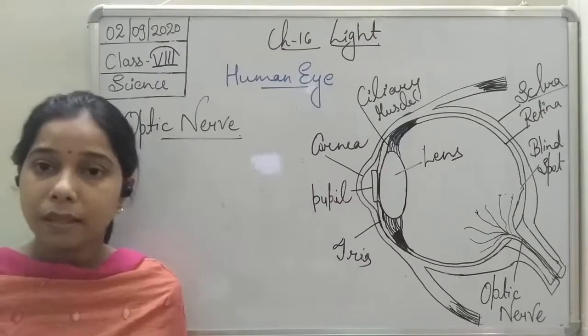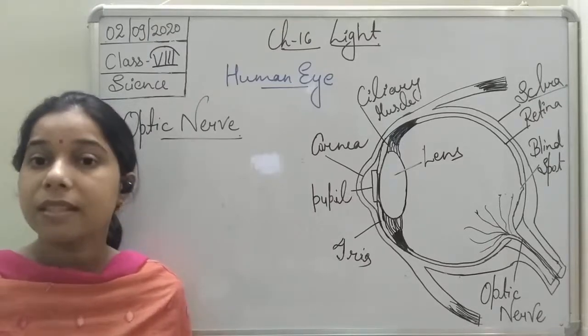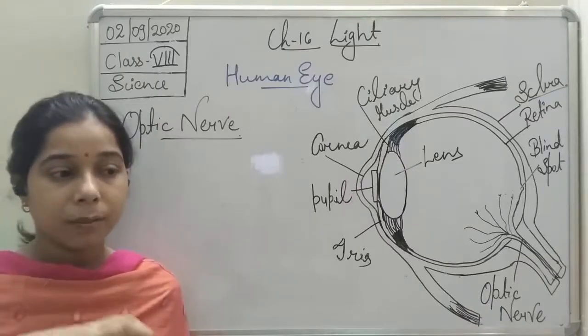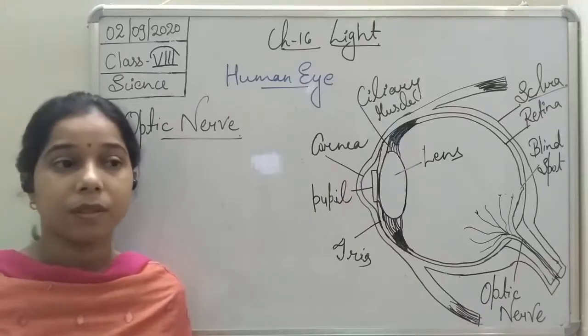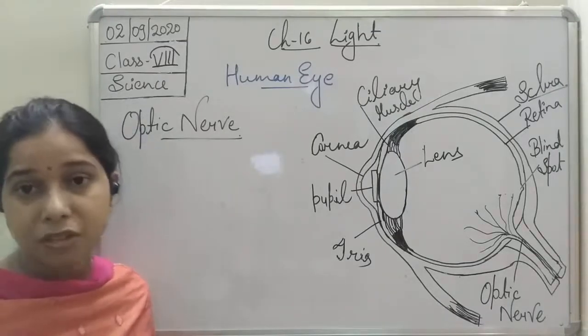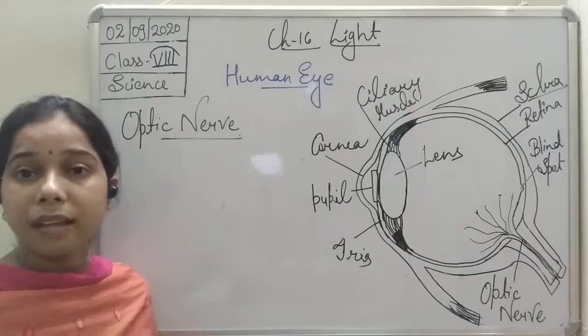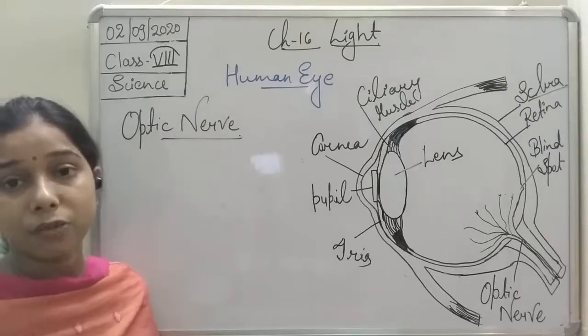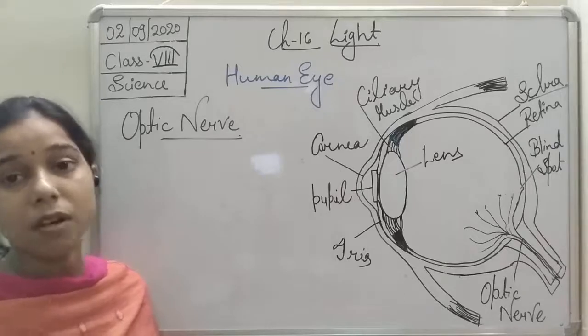You can say that the optic nerve is the connection by which the information related to the image can be sent in the form of electric signals, electric impulses, to the brain.